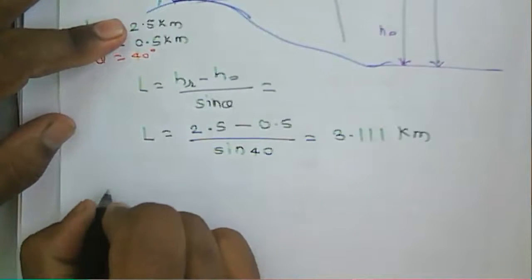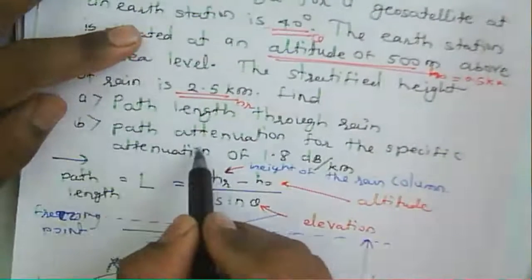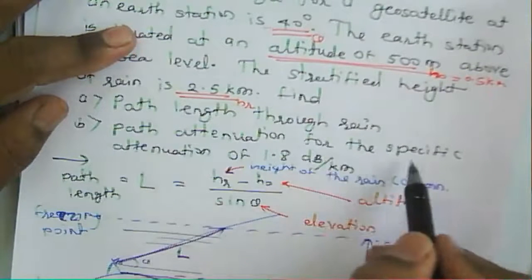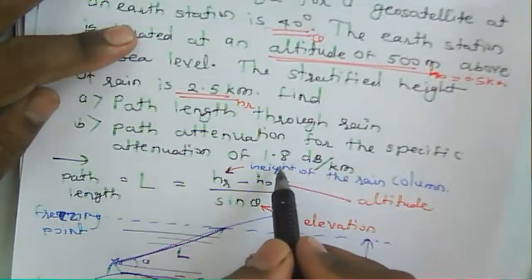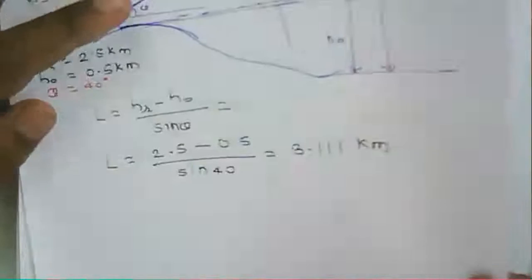Then we need to find the path attenuation for the given specific attenuation of 1.8 dB per kilometer.